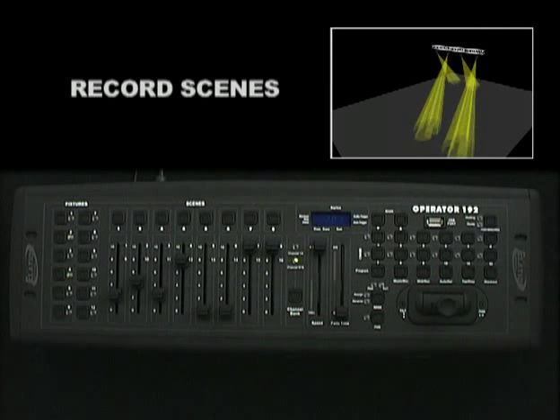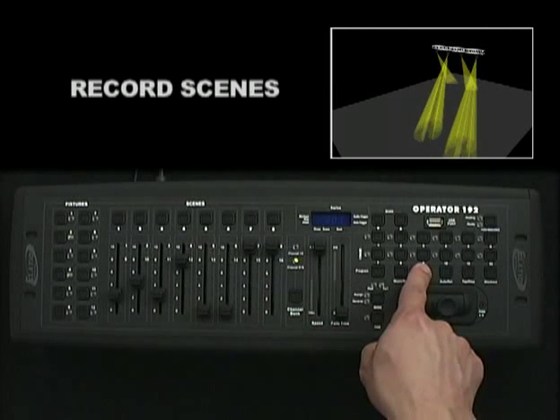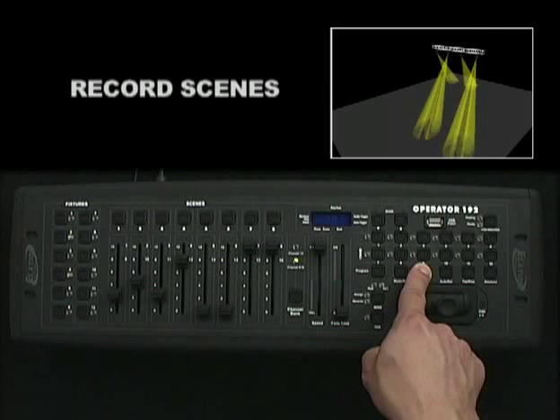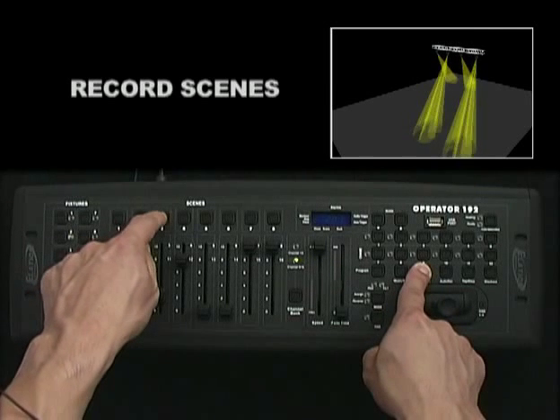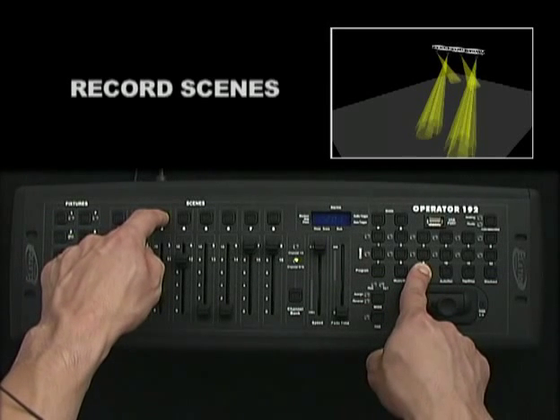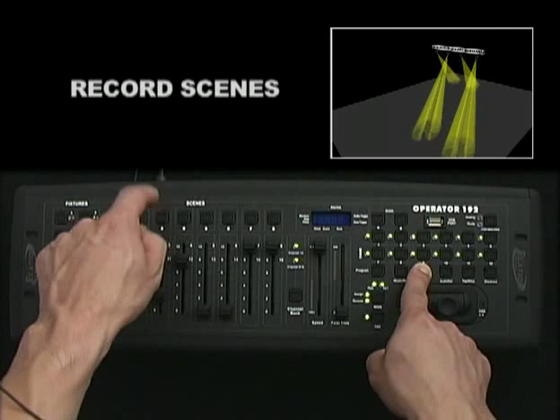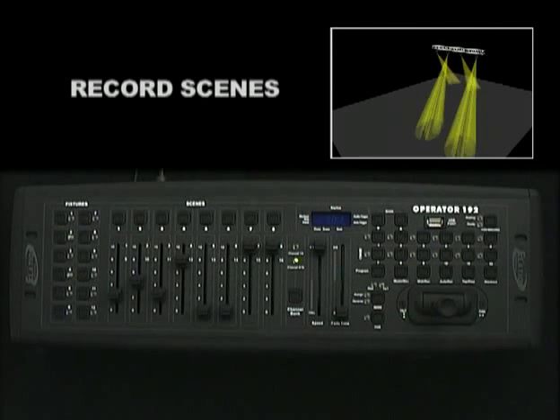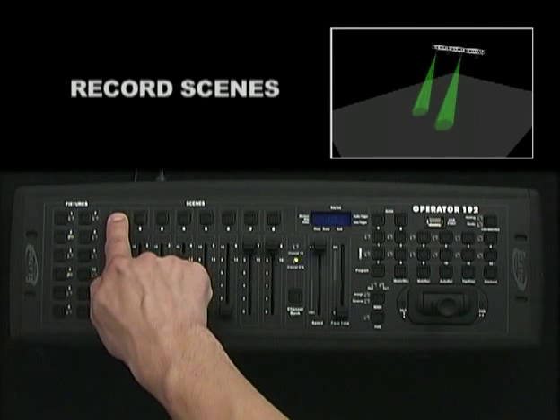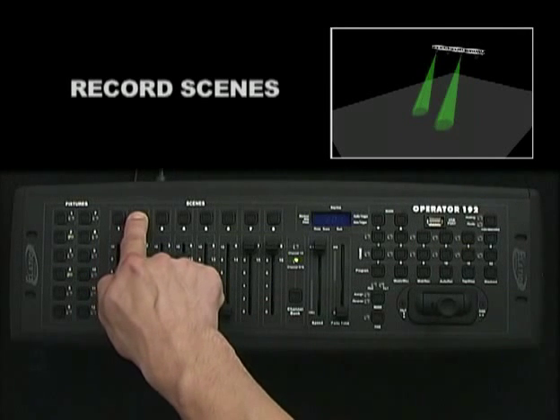I'll program one more scene, which will include all 4 lights. Adjust their position using the joystick. I'll select a gobo.